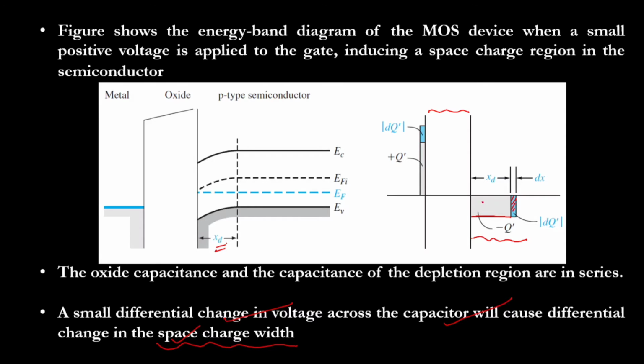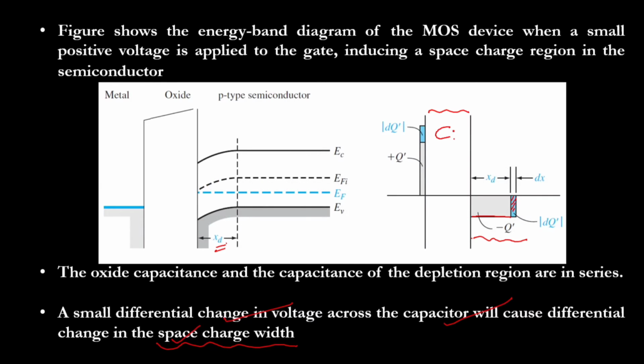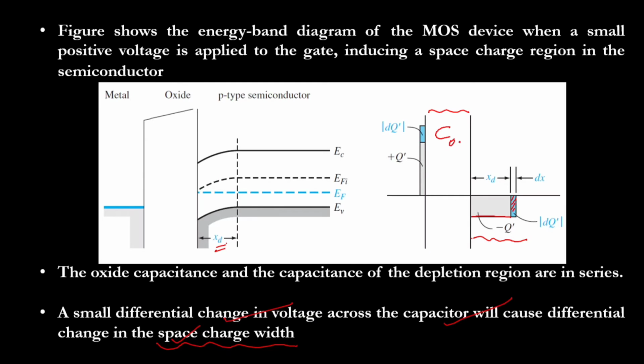Okay, so be careful with the total capacitor. What is the textbook notation we see? CSD, yes, CSD, and this is COX. The capacitor offered by this oxide layer is COX, and the capacitor offered by the depletion region I write as CSD.